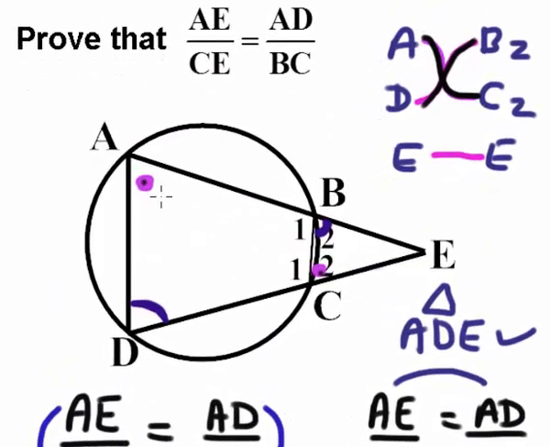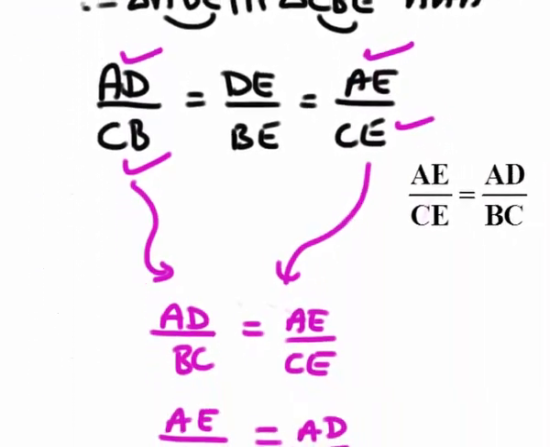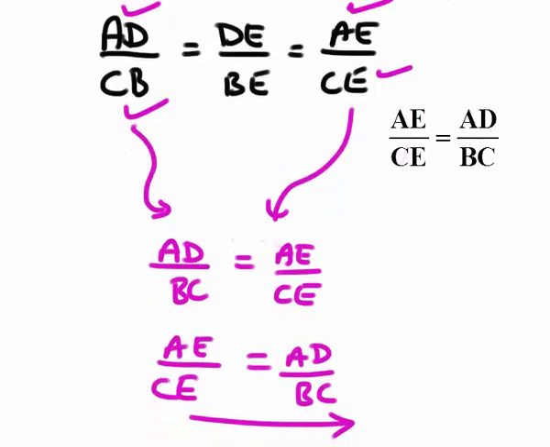A is C2 because of the exterior angle of a cyclic quad. D is B2 for the same reason. E is common. And then you connect it: ADE, then it's CBE. You must make sure that that order is correct. And there it is, guys. That's the proof of the similarity theorem, where you are not given triangles and have to locate them yourself.